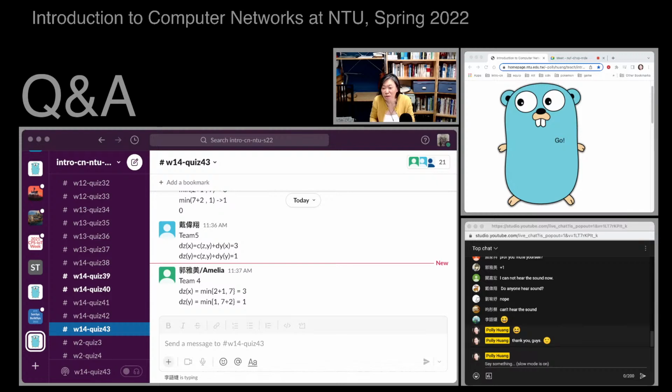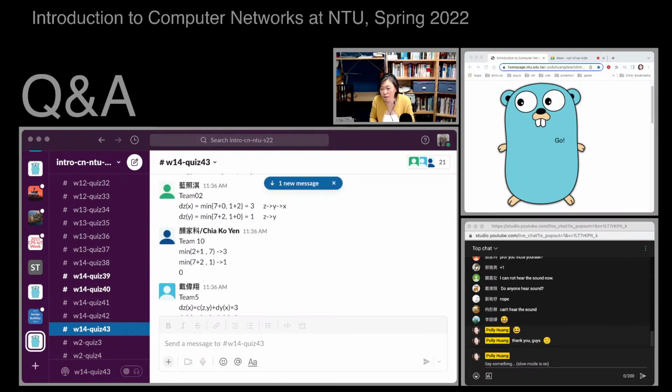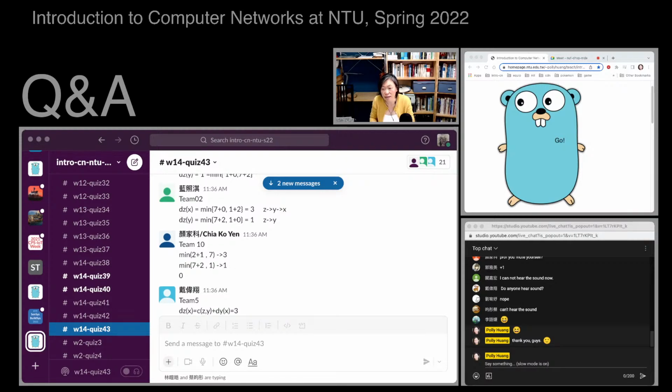Those who are done with this, I know that it's probably too easy for you, but try to calculate the table for node y and let me know. I think you can just reply to your own post from earlier, and that way I see.